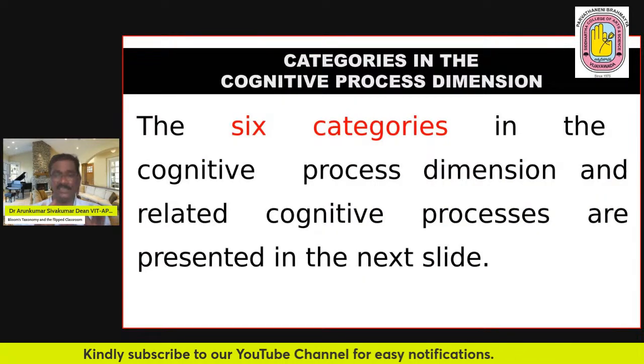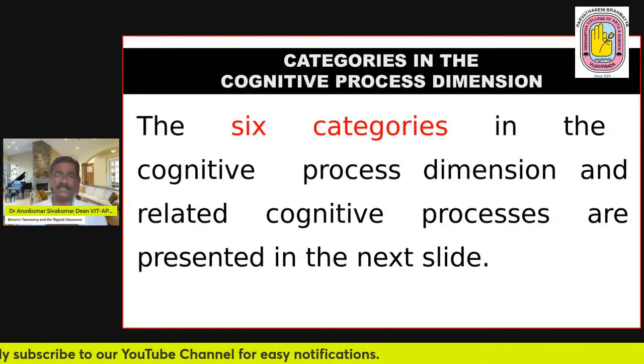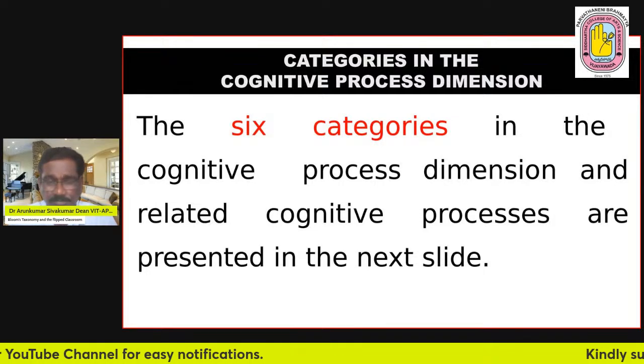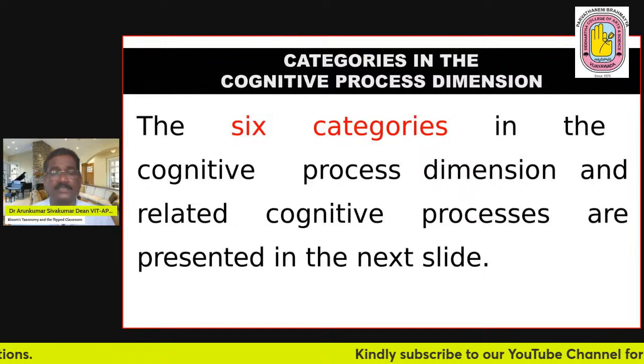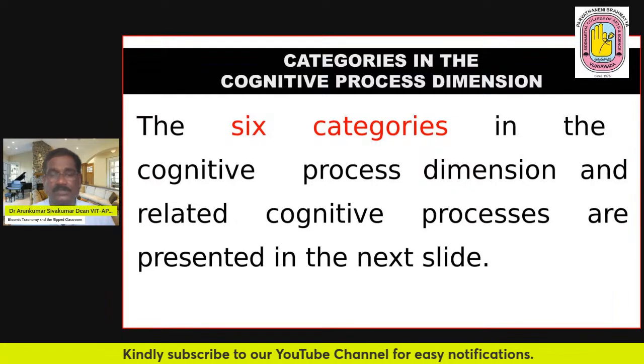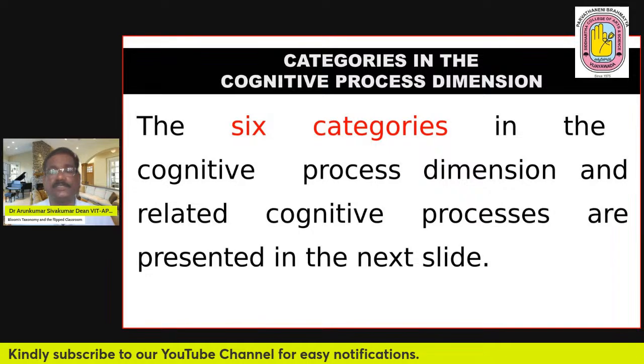So, in this process of categorizing in the cognitive process dimension, as I repeatedly tell you, the six categories in the cognitive process dimension and related cognitive processes are presented in the next slide.